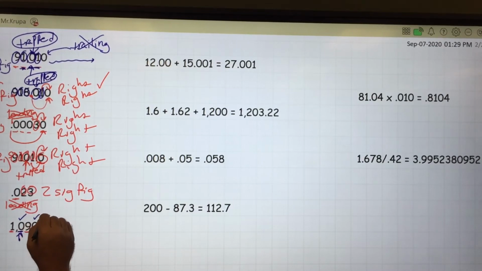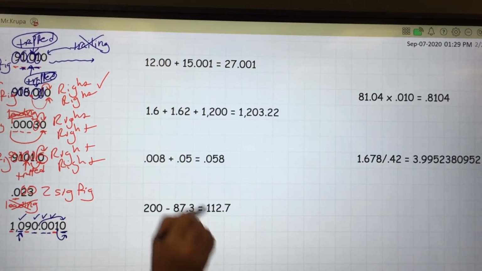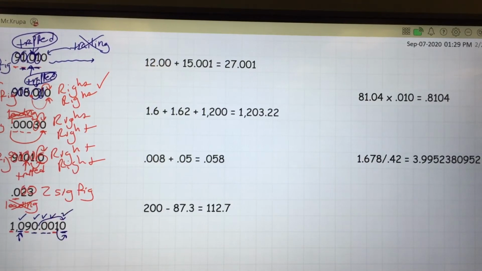So all 3 of those are significant. They are trapped zeros. This 0 at the end comes to the right of a non-zero and to the right of the decimal. It is a right 0, and it is also significant, meaning this number here has 8 sig figs.